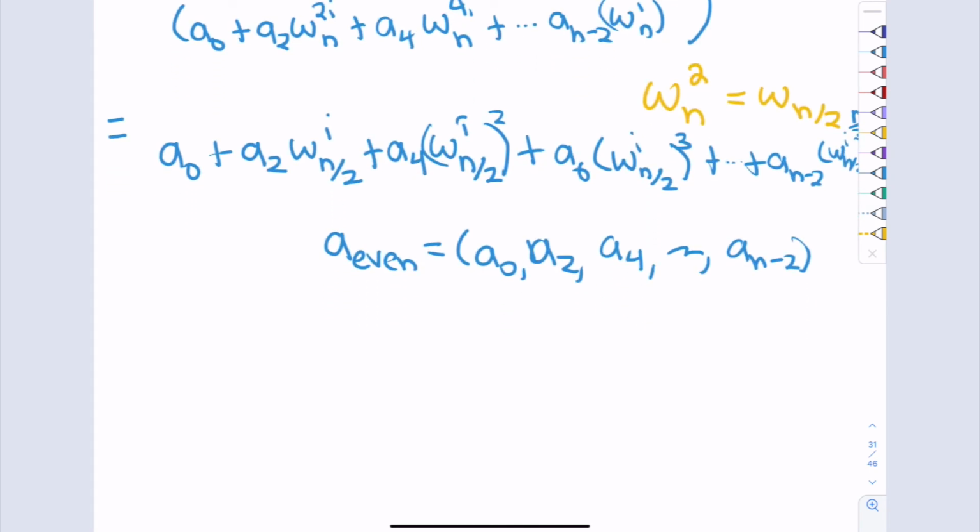Then what we actually have here is the Fourier transform, but now of size n over 2 instead of n, of just your even coefficients. Because somewhere we did this squaring trick with the roots of unity, and roughly we were able to halve things.